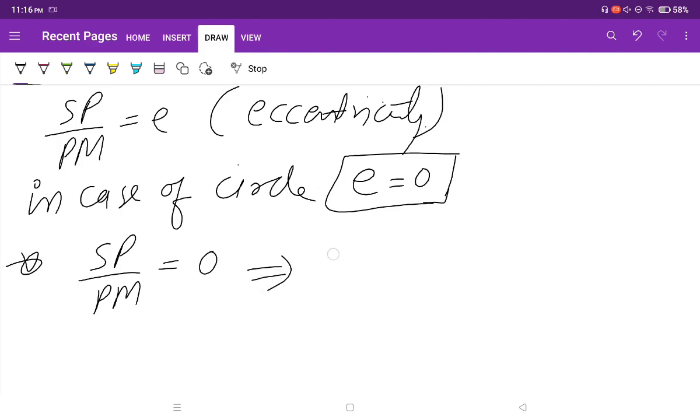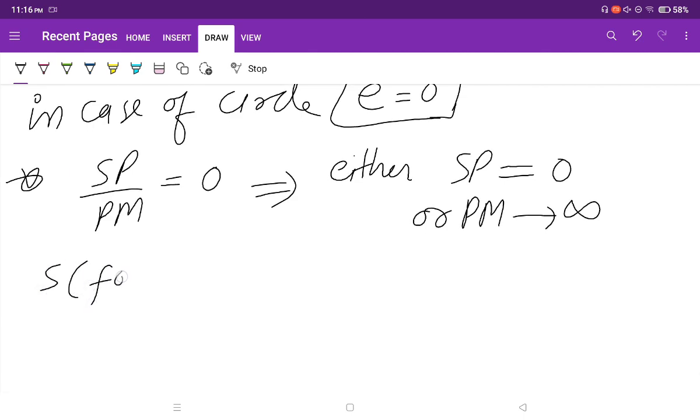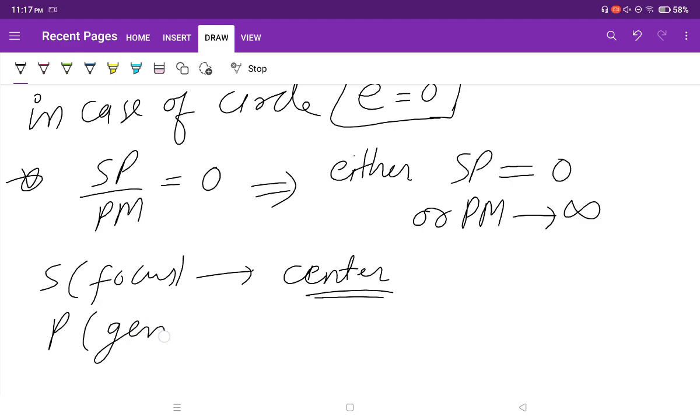For this to be true, either SP should be 0 or PM should tend to infinity. Now what is SP? S was the focus here; in case of a circle it is the center. And P was a general point, right?